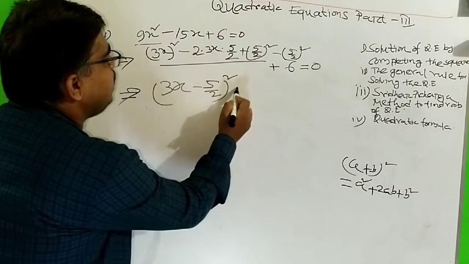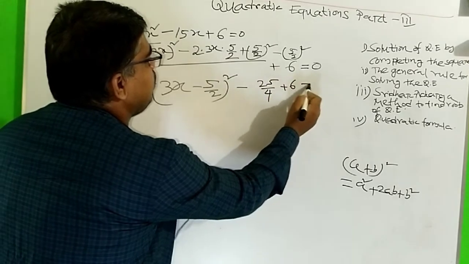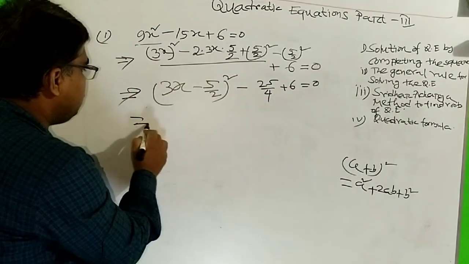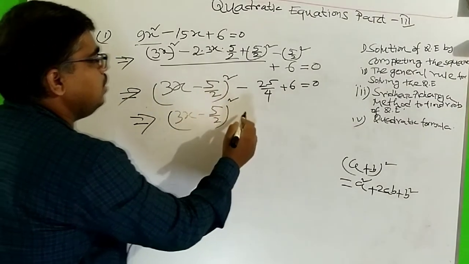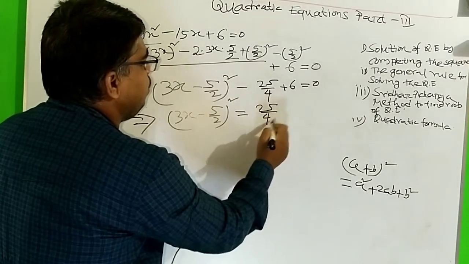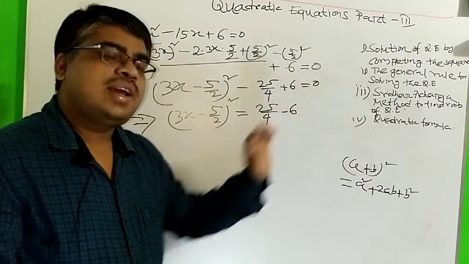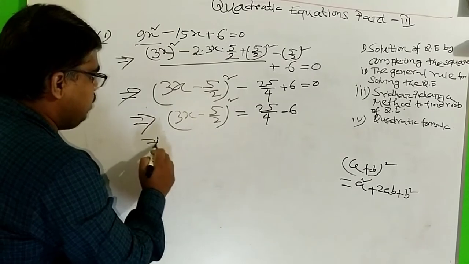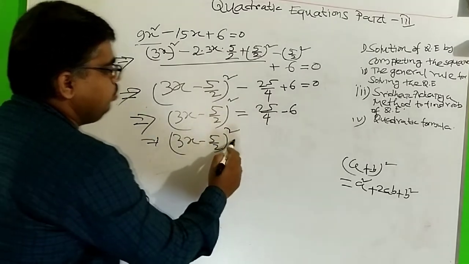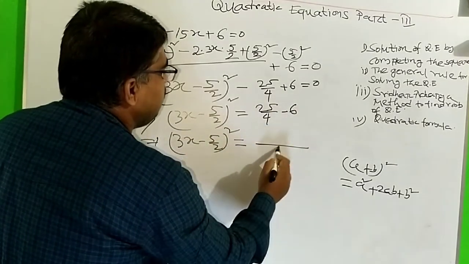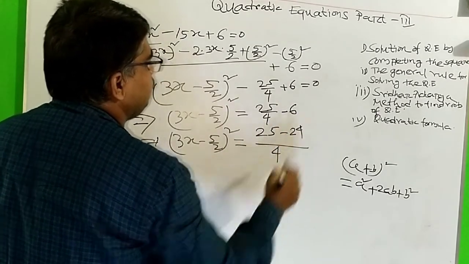Now we calculate 5 whole square means 25 by 4, plus 6 is equal to 0. This implies 3x minus 5 by 2 whole square is equal to 25 by 4 minus 6. We transfer the term to the right hand side and we get 3x minus 5 by 2 whole square is equal to, LCM is 4, we get 25 minus 4 into 6 means 24.